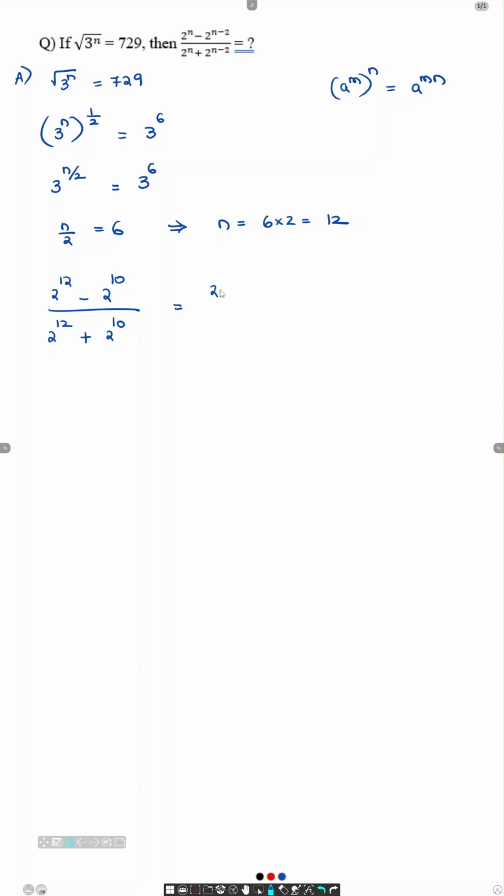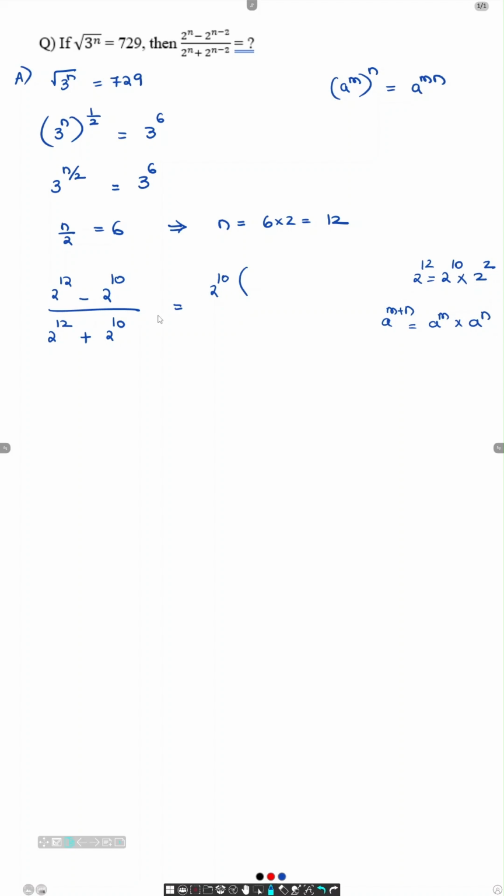I can take 2 power 10 as common, since 2 power 10 is less than 2 power 12. 2 power 12 is nothing but 2 power 10 into 2 square. How did we get this? a power m plus n can be written as a power m into a power n.